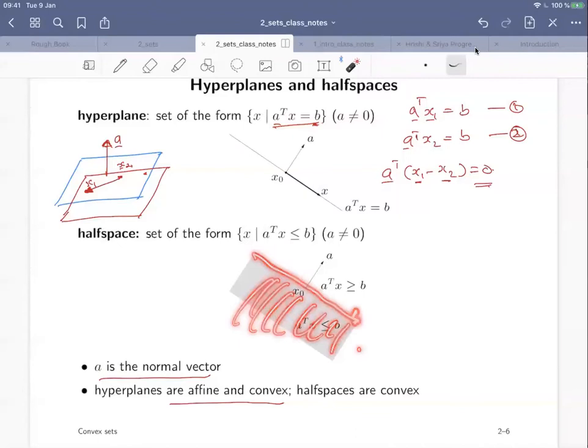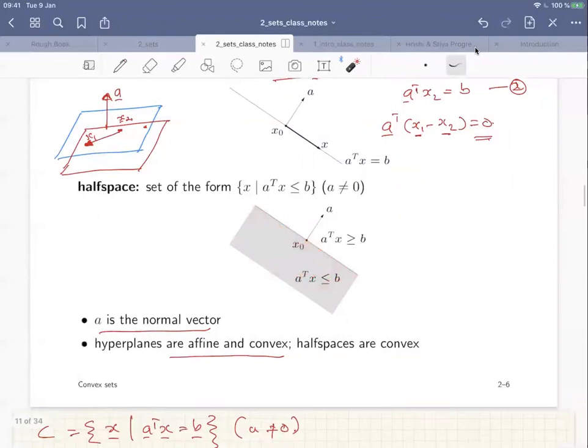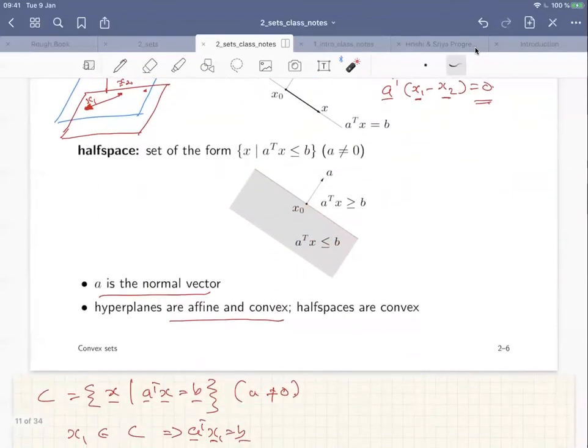So the region A transpose x less than b is the half space. So this line is the hyperplane and this region is the half space here.